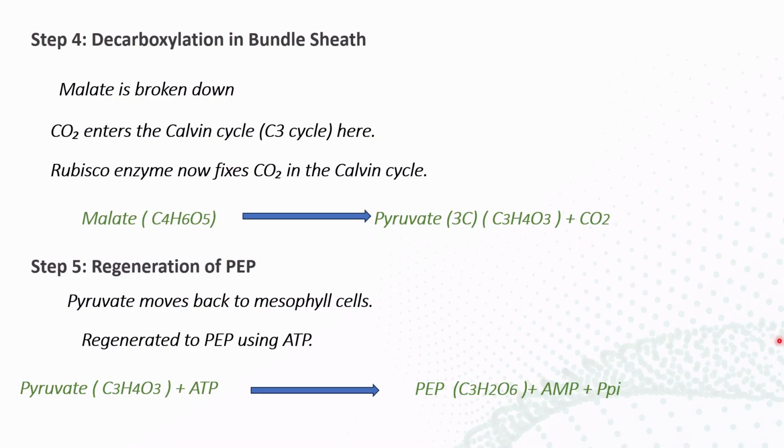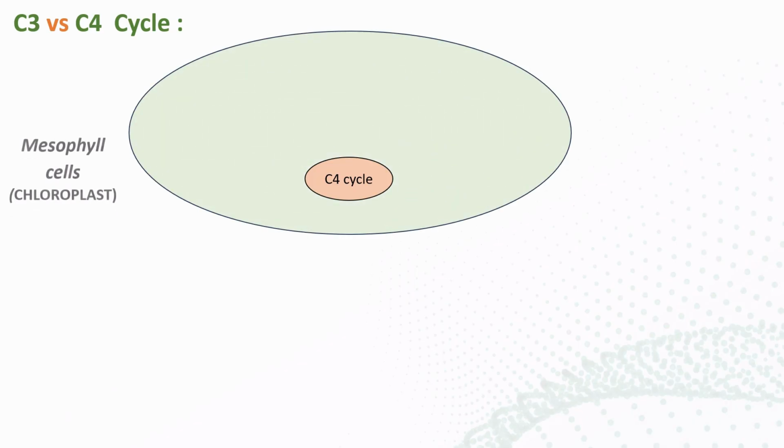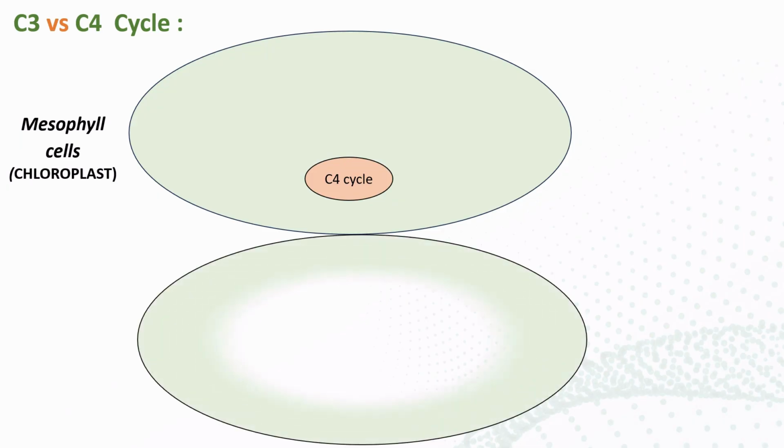Okay, so to understand easily, here you can see what happens. If we compare it, you can easily understand. First of all, there are two types of cells, nothing but mesophyll cells and bundle sheath cells, and they contain chloroplasts.